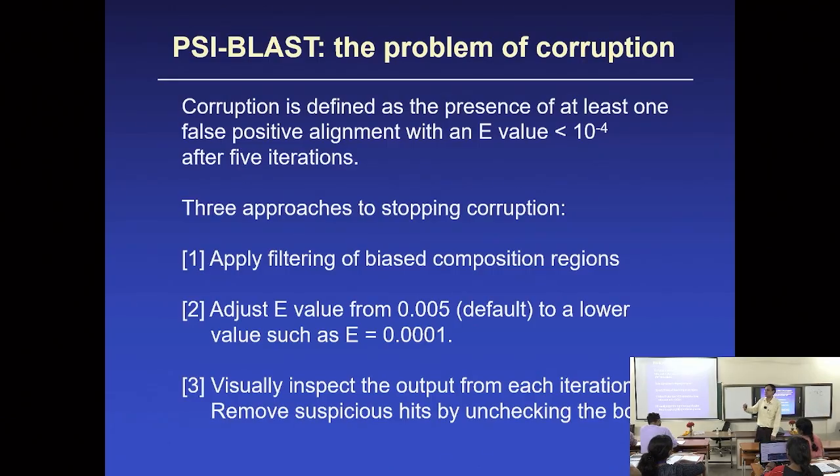So you will get fewer hits, but you will have more confidence that they are really good hits. And if you are an expert, then visually inspect the output from each iteration and remove suspicious hits by unchecking the box, because when it is checked, it means they will be included in making the position specific scoring matrix. So you can uncheck, and then they will not be included in deriving the position specific scoring matrix.